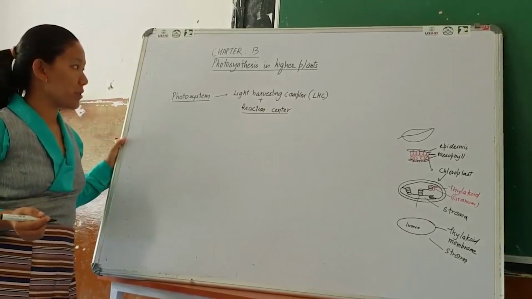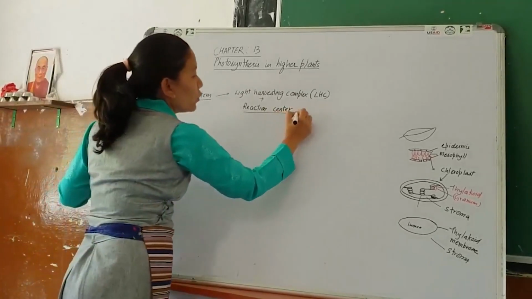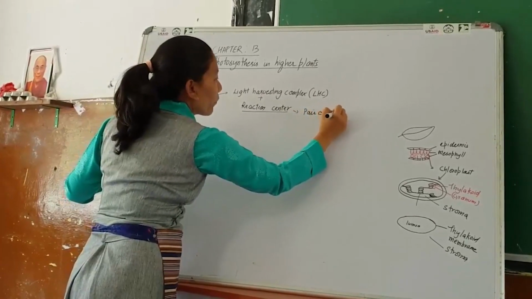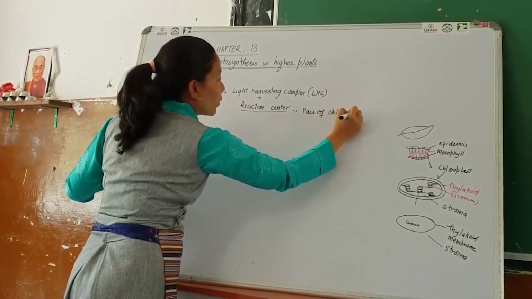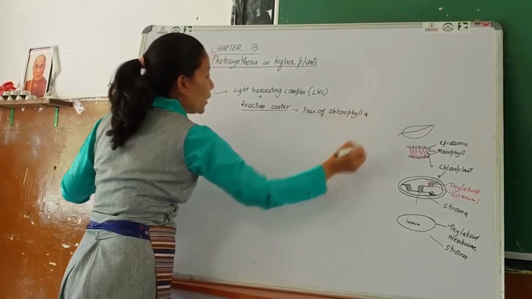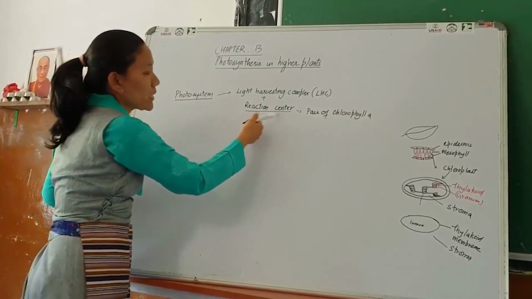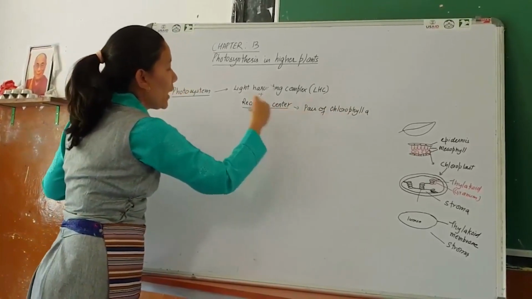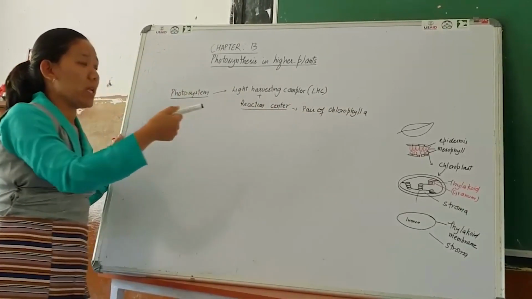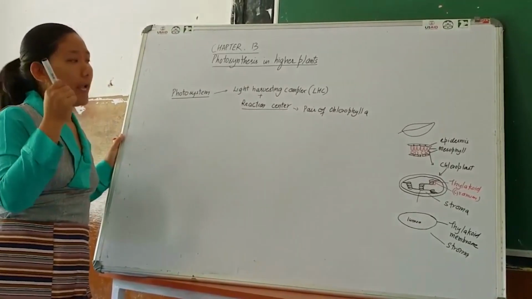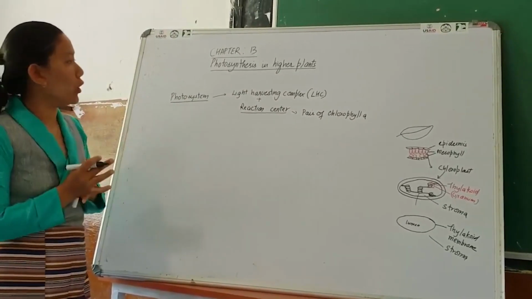So what is this reaction center composed of? It is composed of a pair of chlorophyll A. So in the reaction center there is a pair of chlorophyll A, and in the light harvesting complex it consists of chlorophyll A, chlorophyll B, xanthophyll and carotenoid associated with the protein.